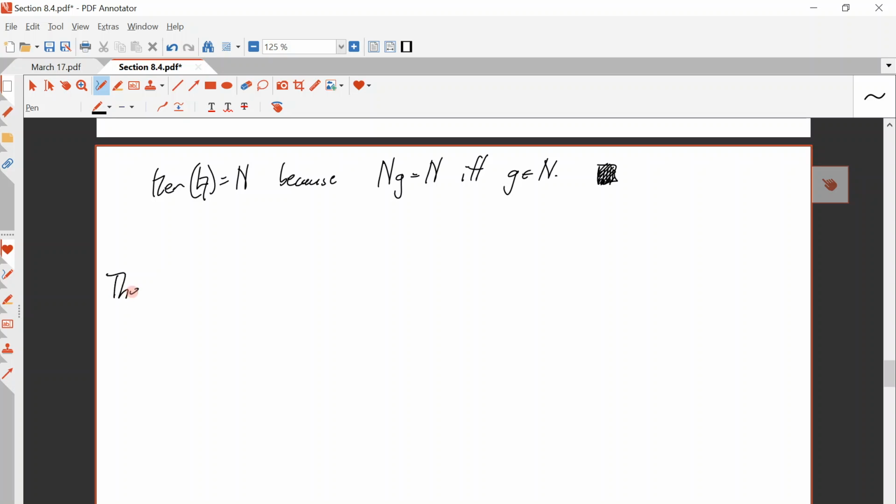And we did this for rings as well, although it's a little bit different here. First isomorphism theorem.